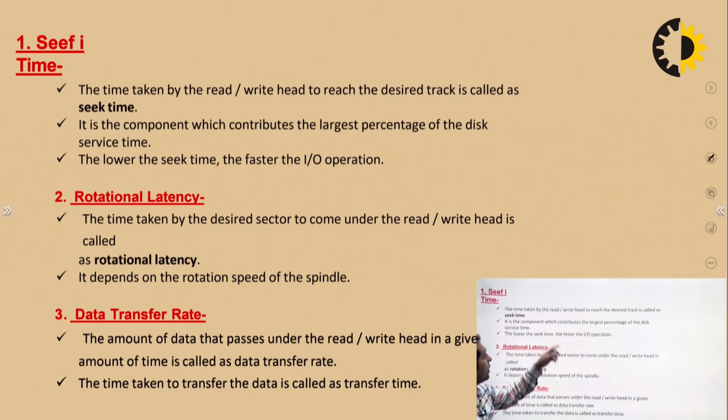It is the component which contributes the largest percentage of the disk service time, and the lower the seek time, the faster the input output operation. So, we must choose the algorithm that takes minimum seek time.